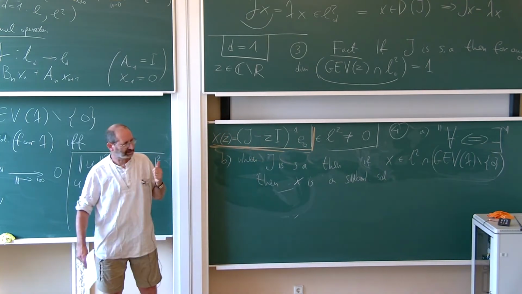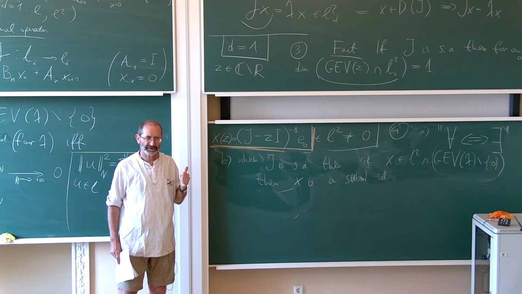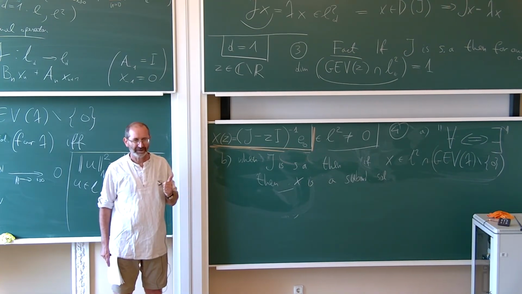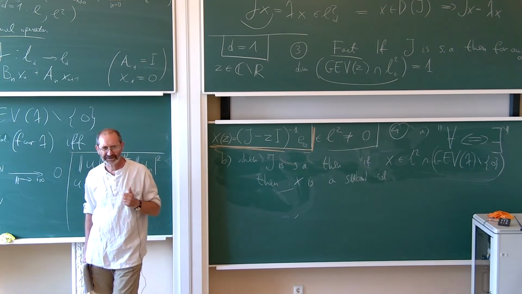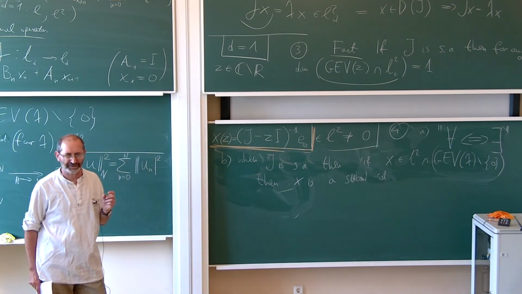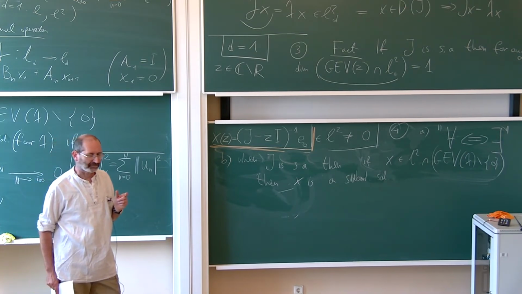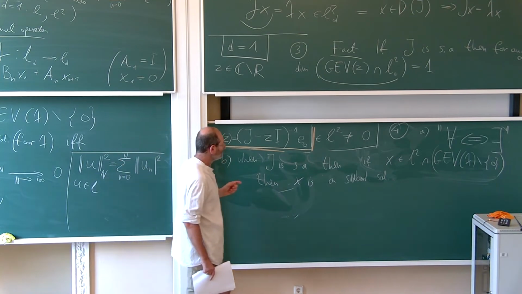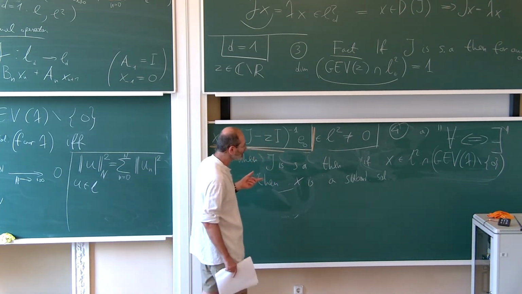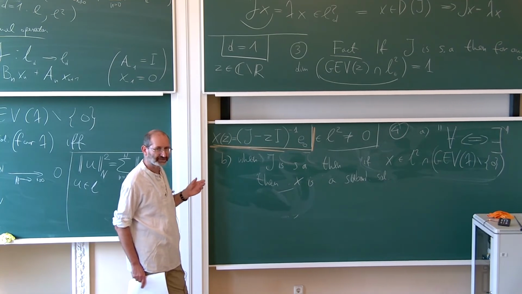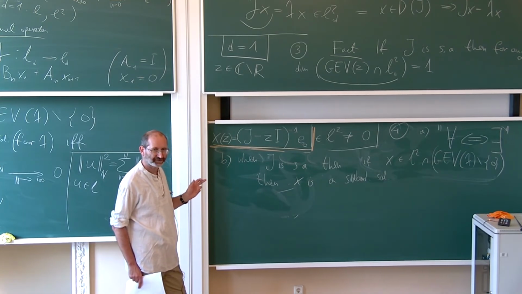We know this maximally one for non-real, but it's true also for the real case, that we cannot have two independent generalized eigensolutions in L2. It's more difficult to prove, but it's also true for real.